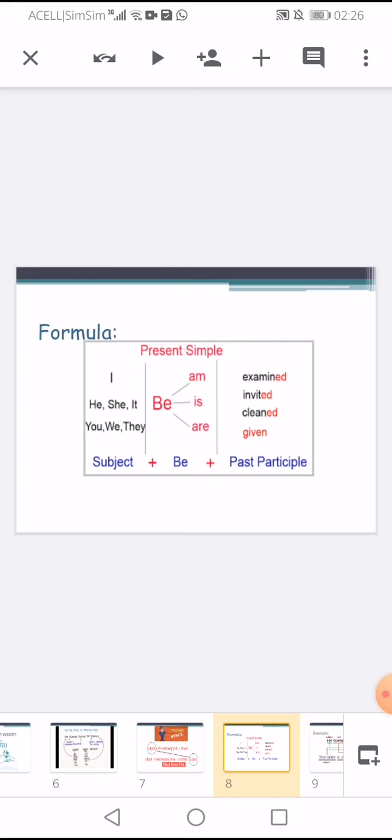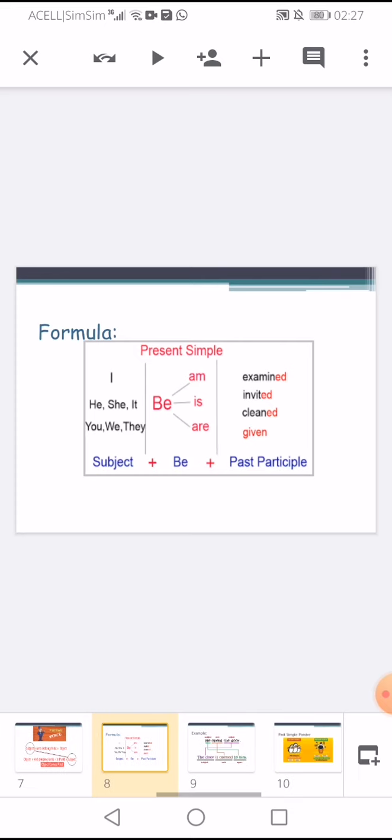Past participle remains the same for all passive voice, for all tense forms. You have to know that verbs are regular and irregular in English. For irregular verbs, you have to learn participle twos, past participles, and as you know, regular verbs take ed.